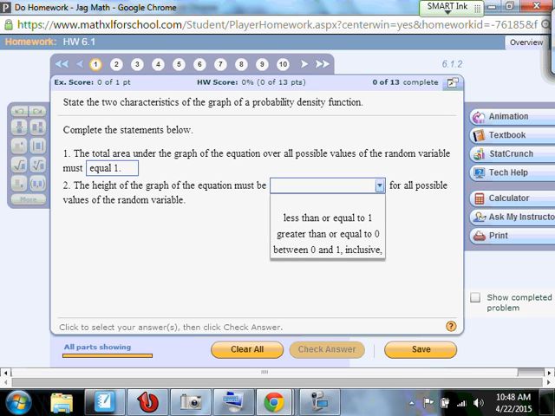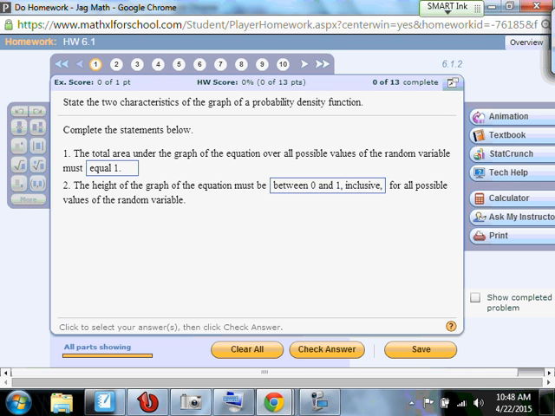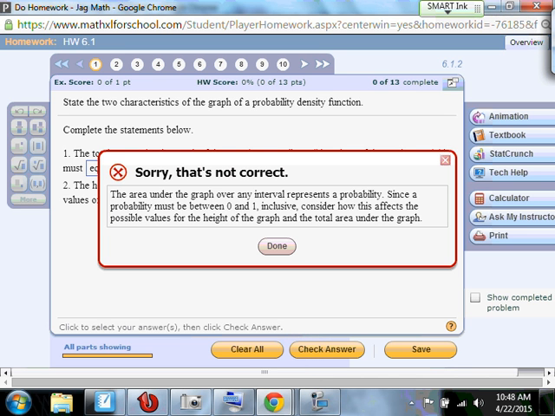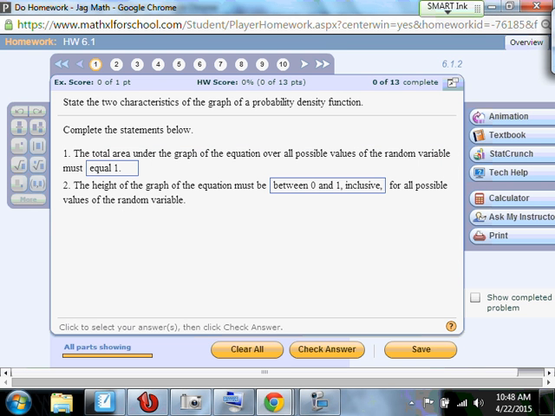So I'm thinking between 0 and 1 inclusive, greater than or equal to 0, or less than or equal to 1. Let's try this, between 0 and 1 inclusive, and see what happens. The area under a graph represents a probability. Since a probability must be between 0 and 1 inclusive, consider how this affects possible values for the height of the graph and the total area. I think we're okay with number 1.